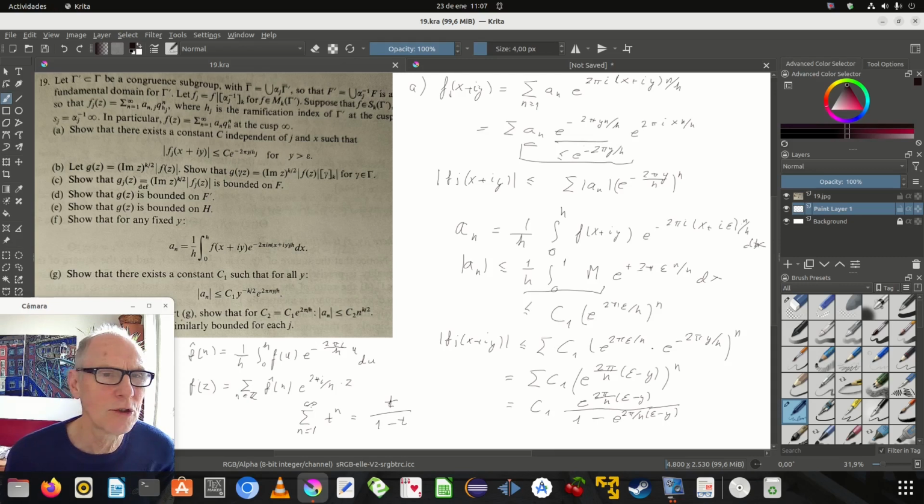But then we just choose epsilon equal to 1/2. And then it's bounded this way. And exponentially. And this part is only bounded polynomially. So of course it's bounded absolutely.